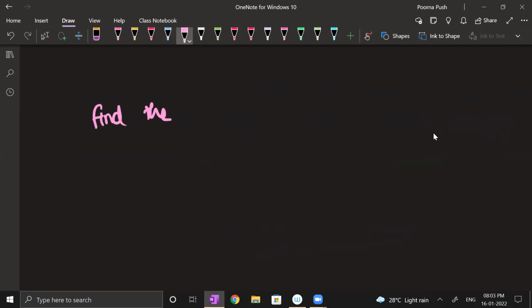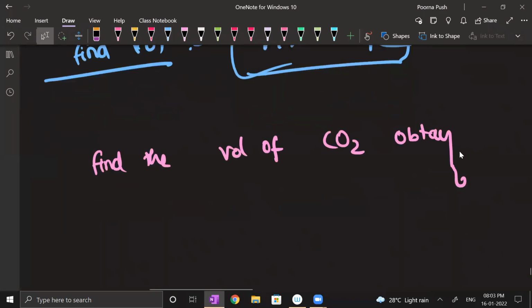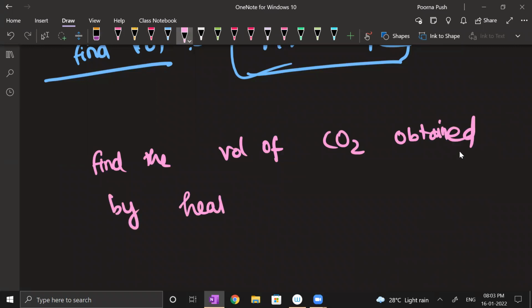Find the volume of CO2 obtained by heating 32 grams of methane.